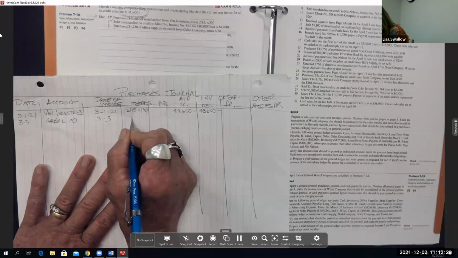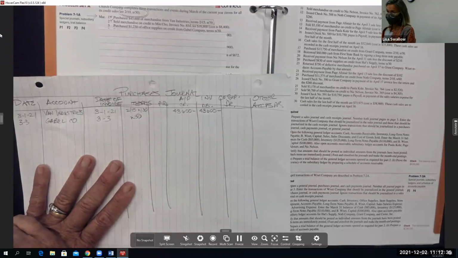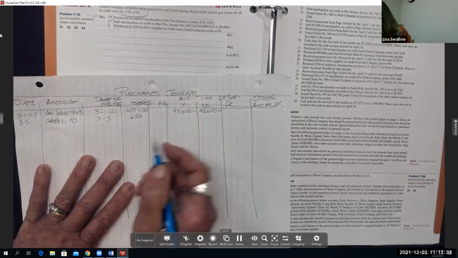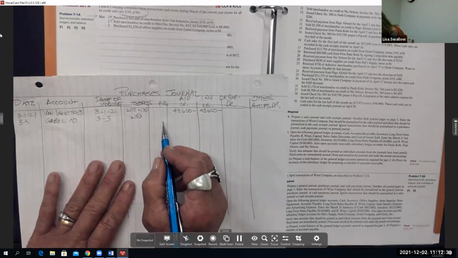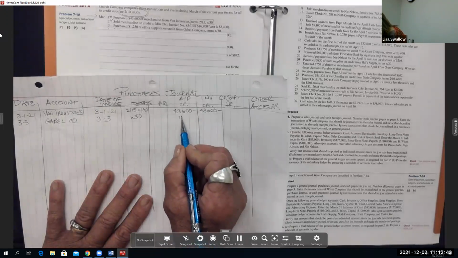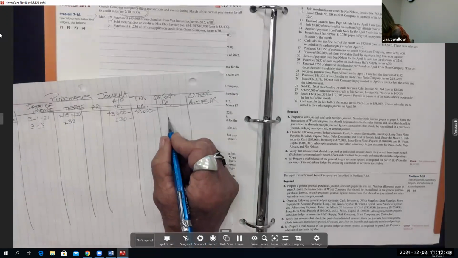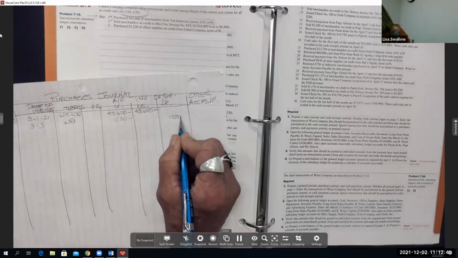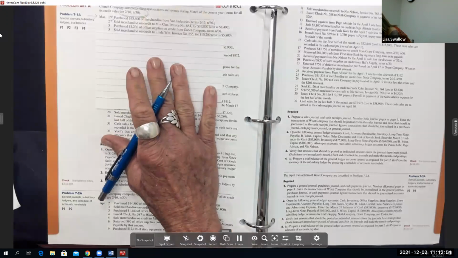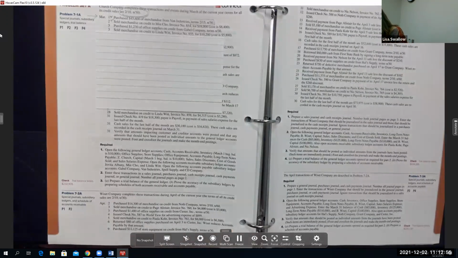So what does that mean when it's net 30 without the 2/15 or the 1/10 or whatever? There's no discount at all. Very good. Nothing in posting reference. Then accounts payable for 1,230, and then office supplies. Excellent.